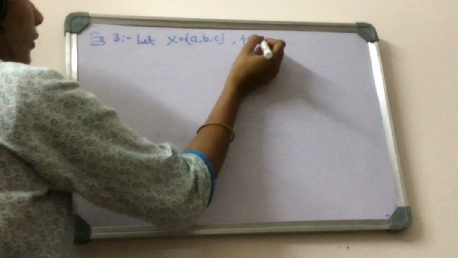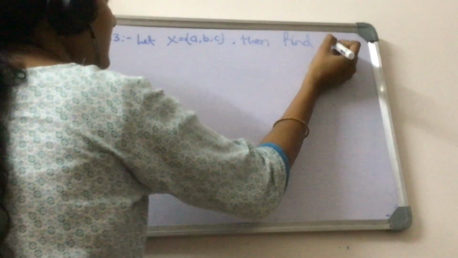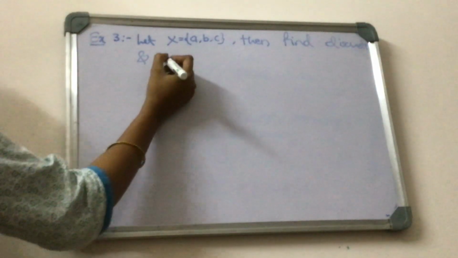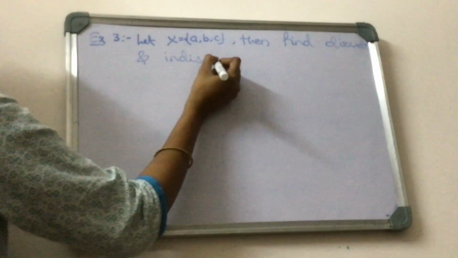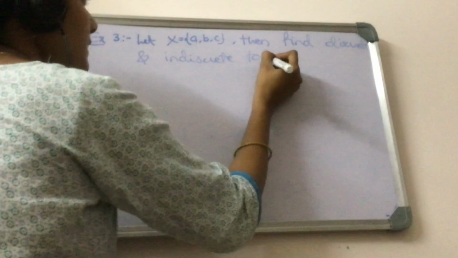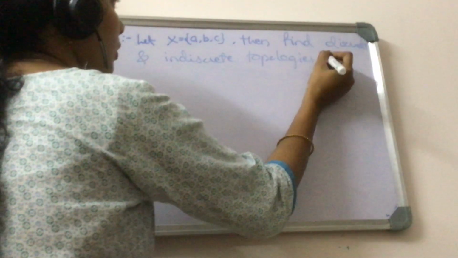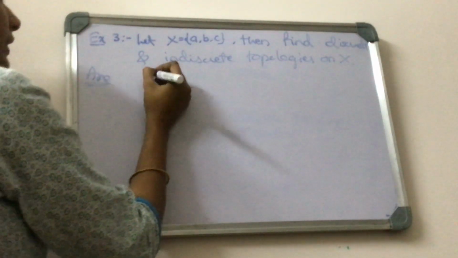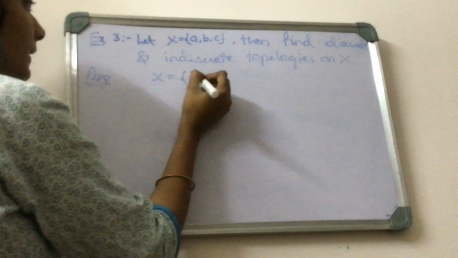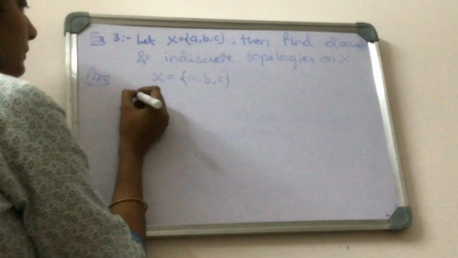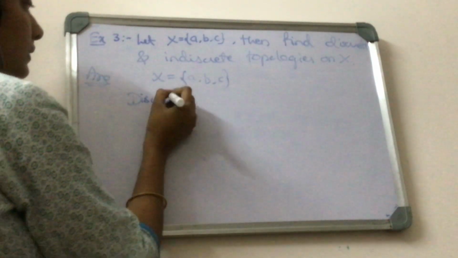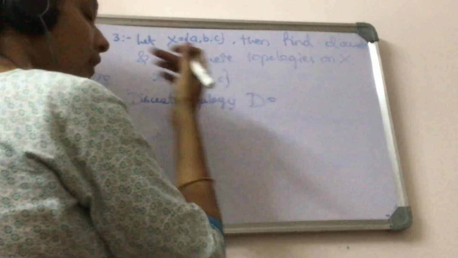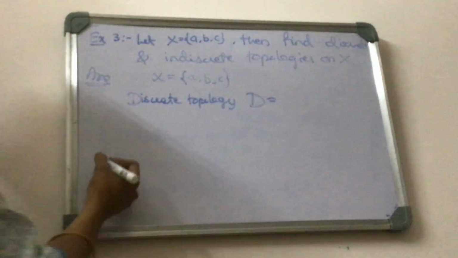Then find discrete and indiscrete topologies on X. So if X is equal to {A, B, C} is the given set, then the discrete topology is denoted by D, T or tau, whichever may be convenient.